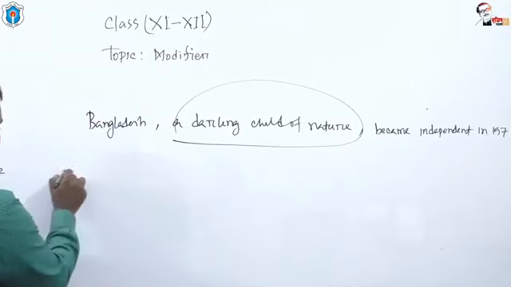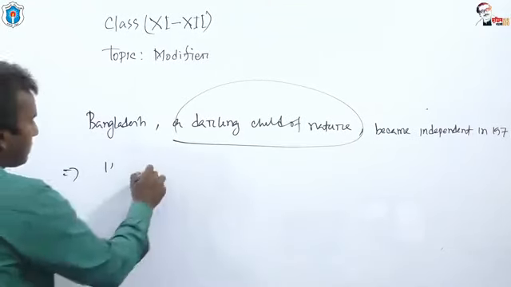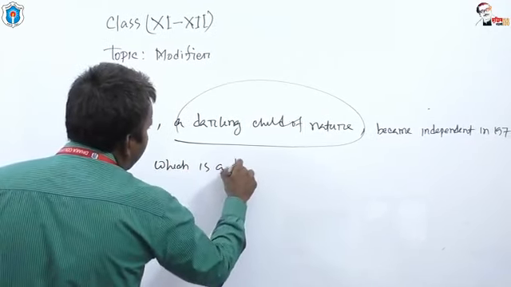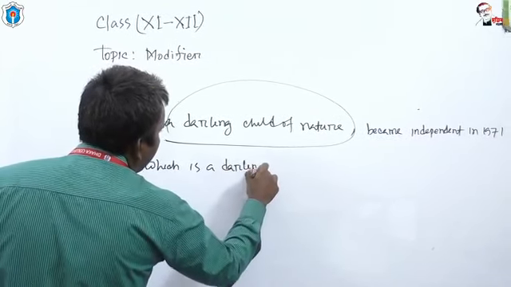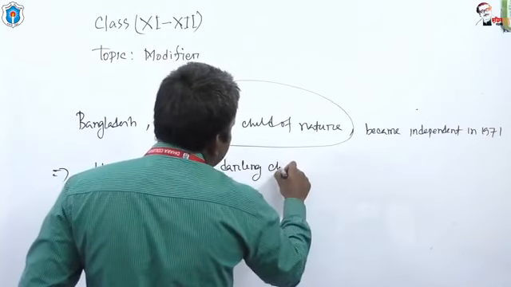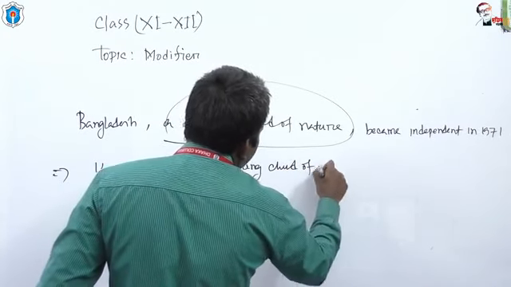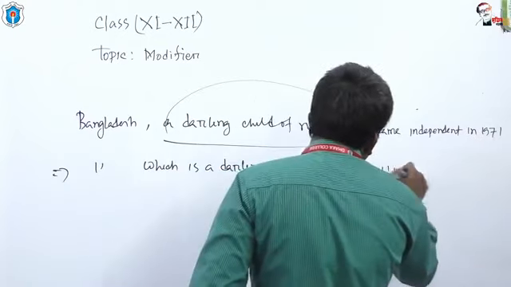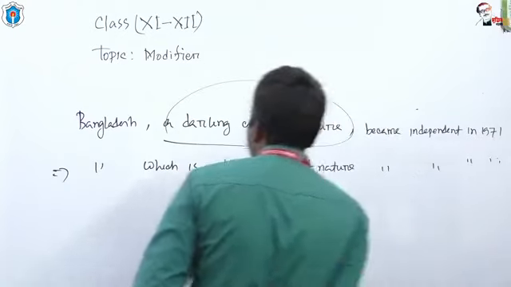For example, Bangladesh, which is a darling child of nature, became independent in 1971.